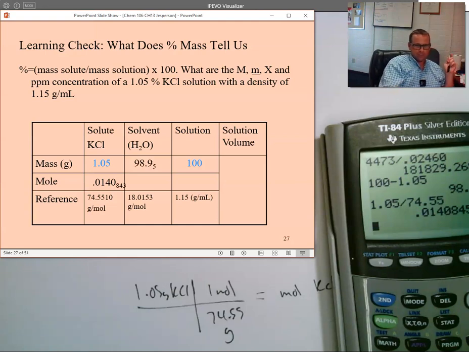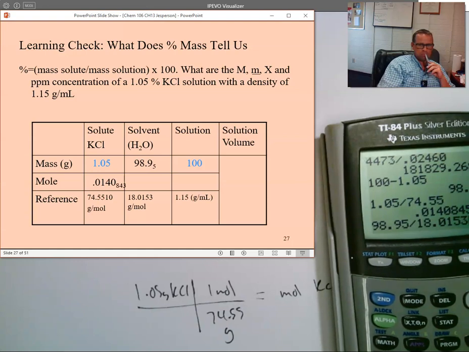Excellent. Very good. And now we talked about our grams of solvent. From that, Landon, how would we get our moles of solvent? We do it the same way we got the moles of KCl, so we'd have 98.9 grams of H2O.